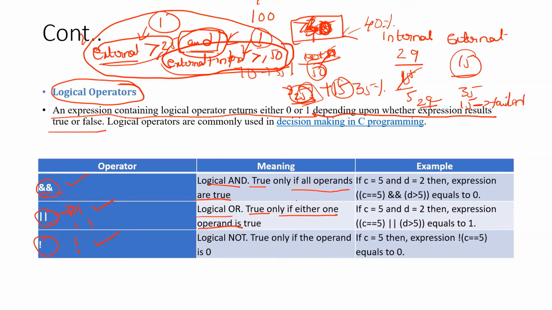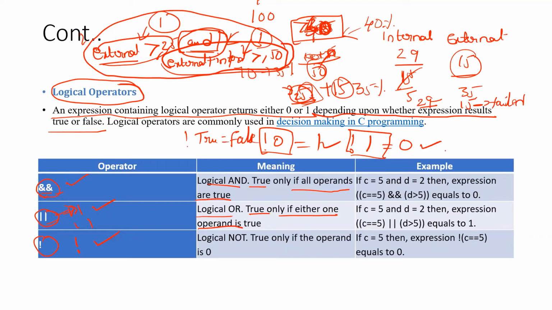Similarly, not. If I mention not, and the condition is not satisfied, then it is true; if it is true, it is false. Means if I say not 0, it is 1. Not 1 means it is 0. Means if I mention not true, it is nothing but false.